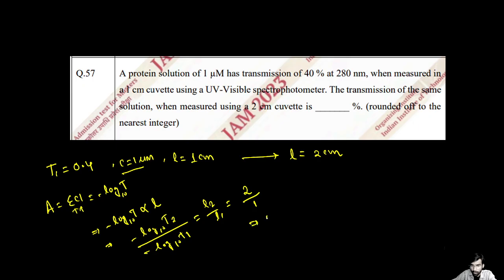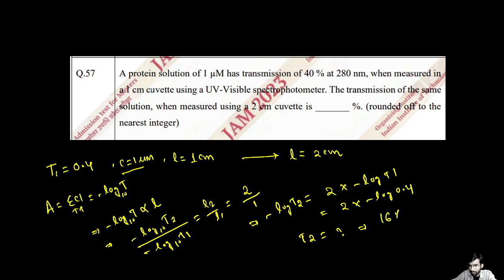So from here you can get to know log T2 equals 2 into minus log T1, that is 2 into minus log 0.4. Through that you can get the value of T2, right? So if you calculate it, it will be approximately 16%.